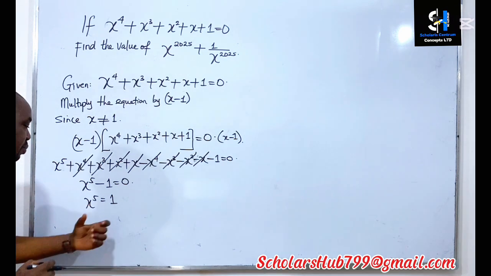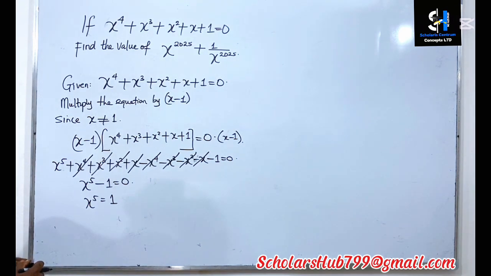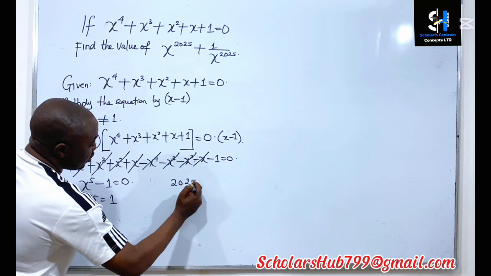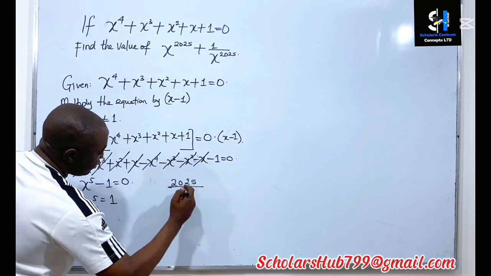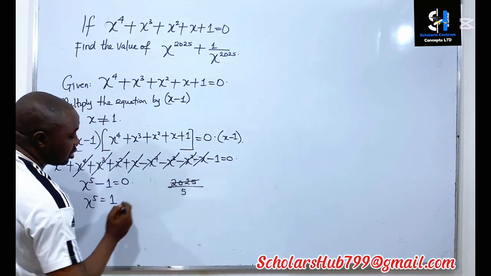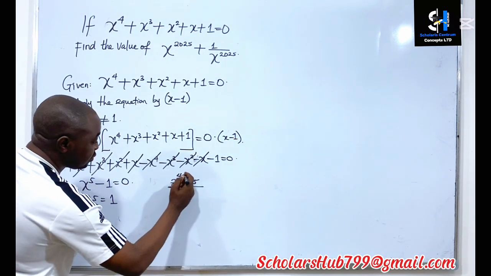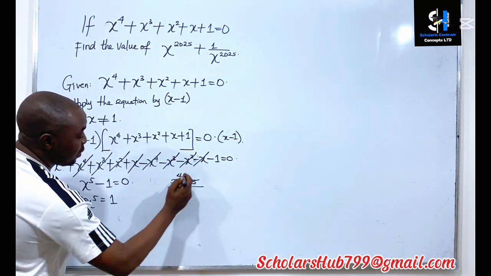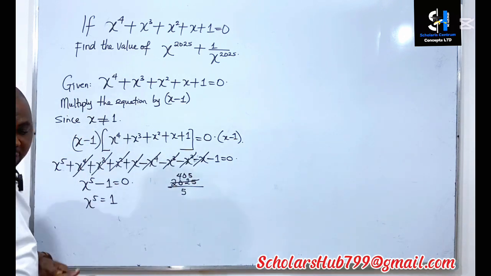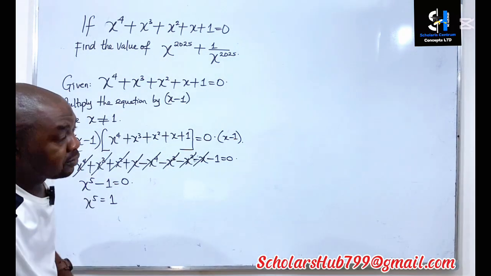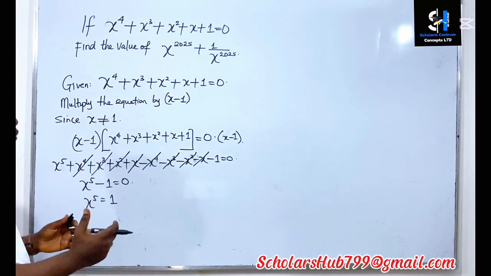So if x raised to the power of 5 is equal to 1, now let's check this. We know that when we divide 2025 by 5, this should give us 405. So which means 5 multiplied by 405 will give us 2025.